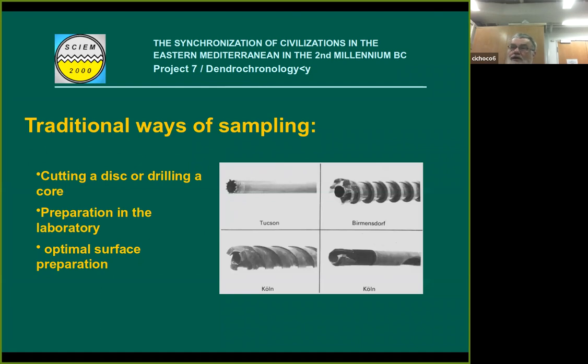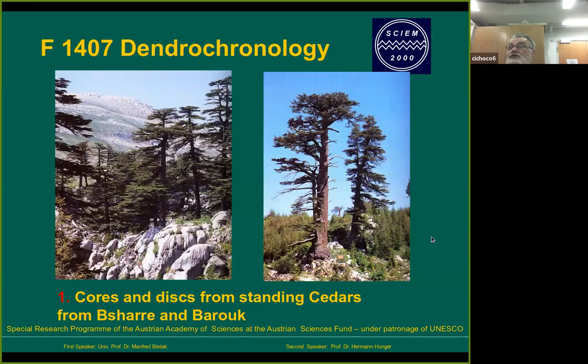You need a special corer, and this is a steel pipe, either with only a certain arrangement of teeth at the tip, or even with a spiral guidance for the wood parts which are cut off in the beginning, and inside the steel pipe a core is going inside, which can then be extracted from the tree and used for studying the rings.